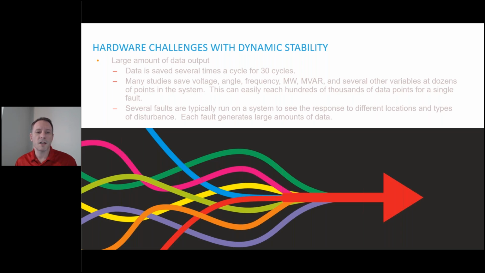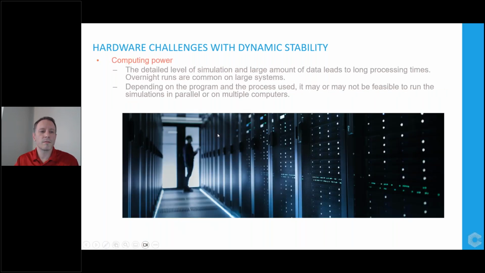It's just a large amount of data output, and that's partially a problem for hard drives, but mostly it's a problem for the computers crunching it. Every time you do that, you usually run several different faults too, so it's a lot of data to go through.